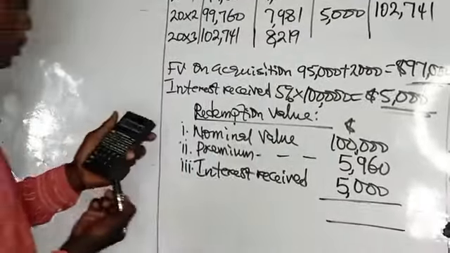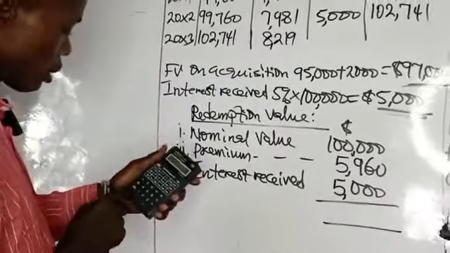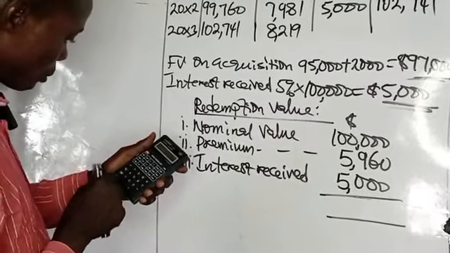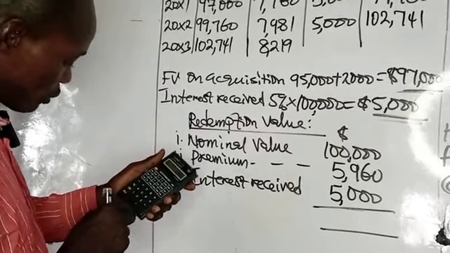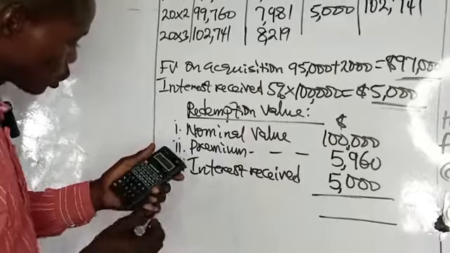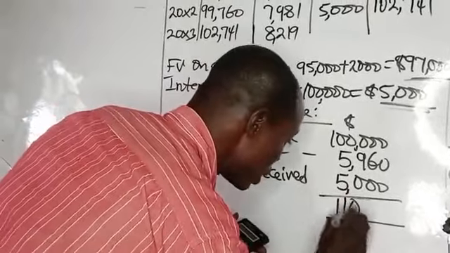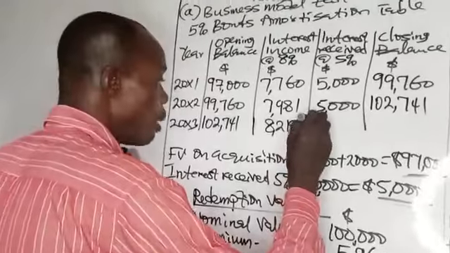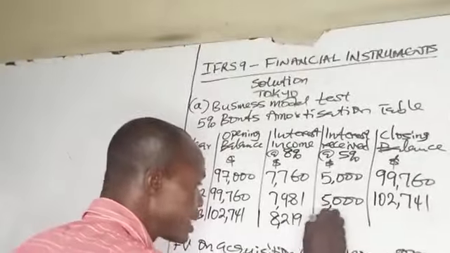What is the total? 100,000 plus 5,960 plus 5,000. That is a total of 110,960.